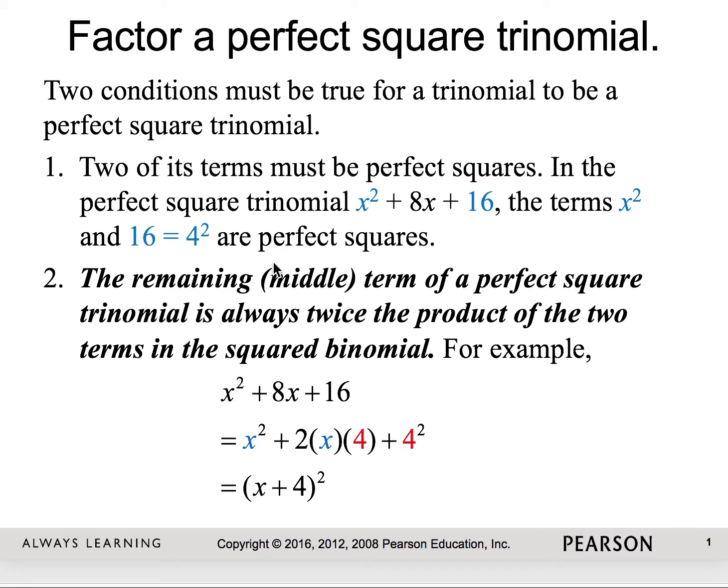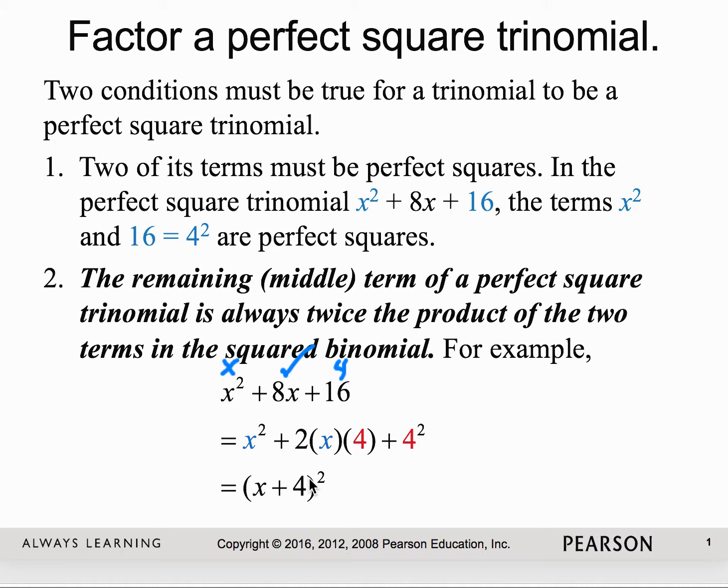And then the middle term has to be 2 times each one's square root. So think about this. If I took the square root of x squared, that's x. And if I took the square root of 16, that's 4. So the middle term has to be 2 times x times 4, or in other words, 8x. So this is a perfect square trinomial.